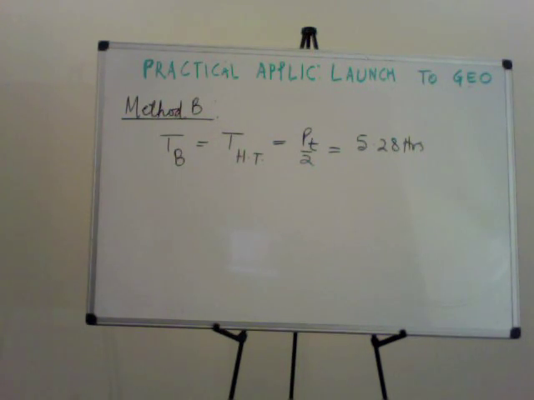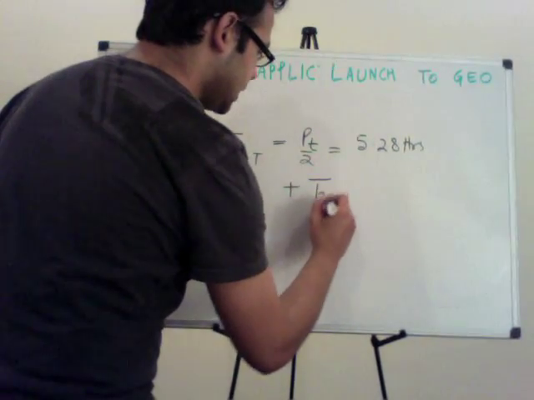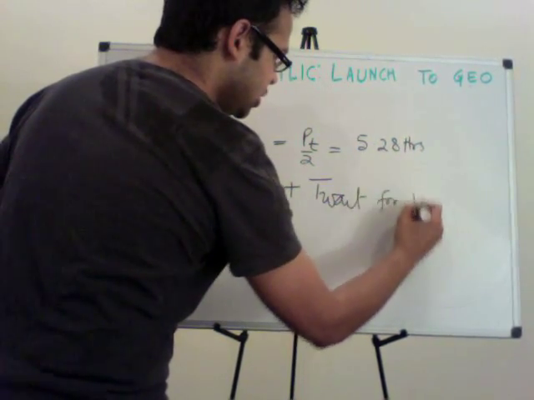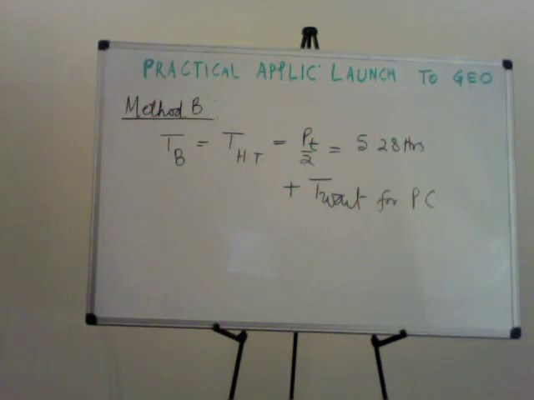Remember, the plane change should always take place at the ascending or descending node, right? So here I have a waiting time for plane change, and as you can imagine, this waiting time is more than the waiting time for method A.